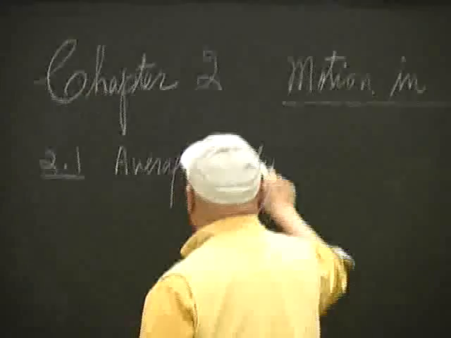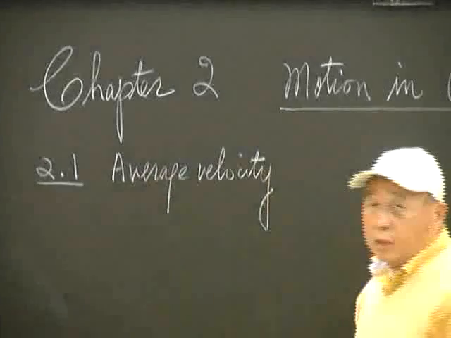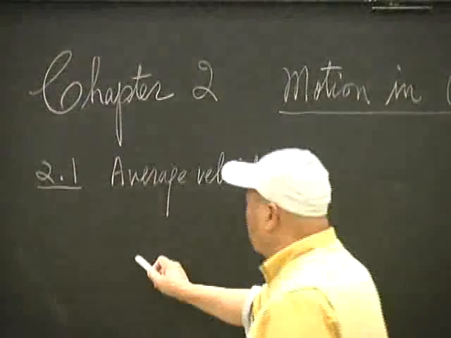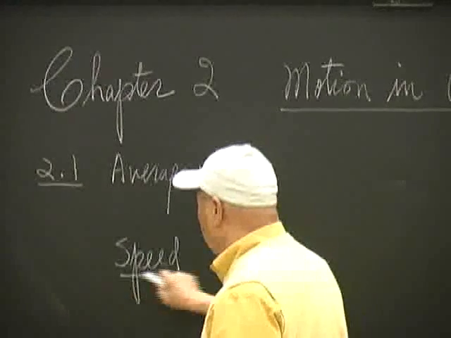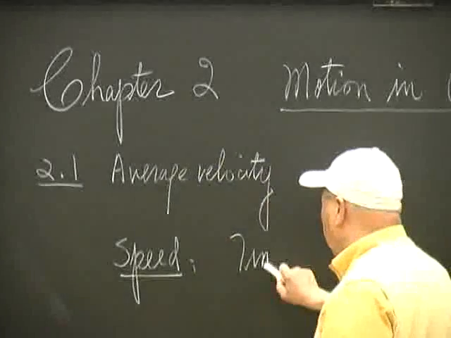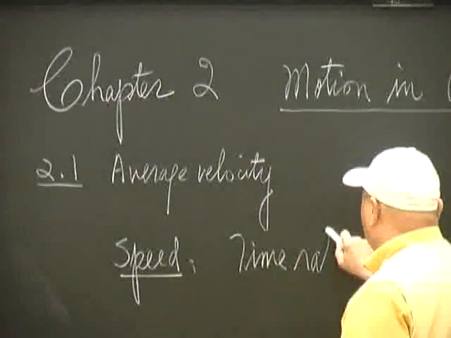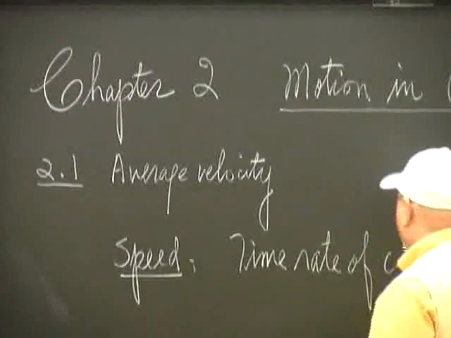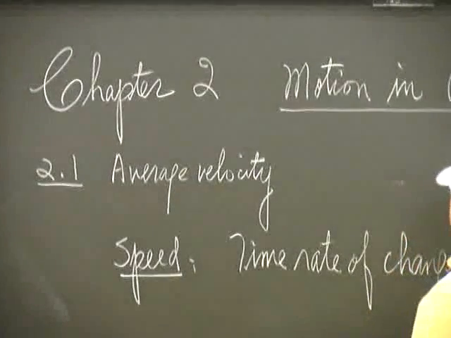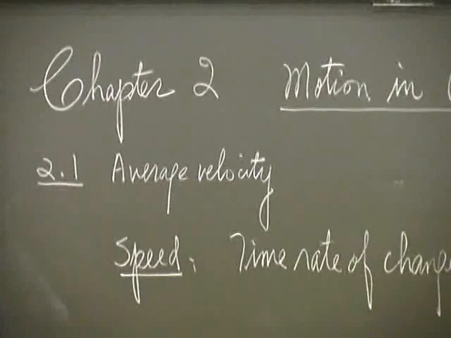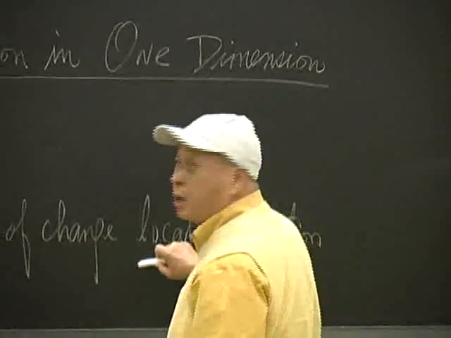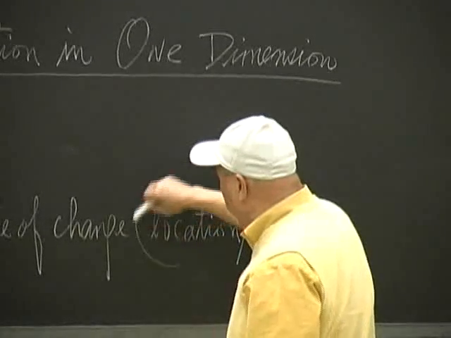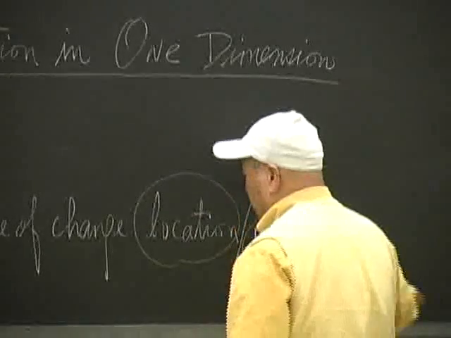We're talking about average velocity. We start out with speed first. Speed is the time rate of change of either location or position. Then we have to find out how we are going to measure location and position.